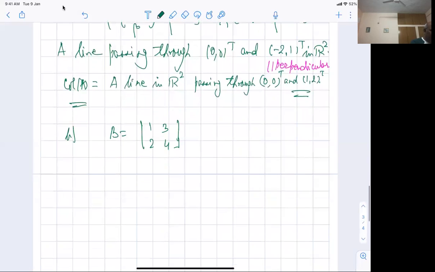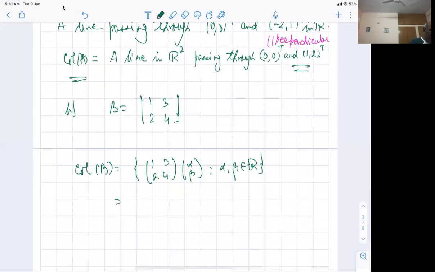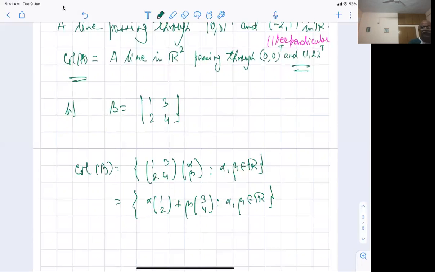I would like you to see that if I want to compute the column space of B here, it is 1, 3, 2, 4 times alpha, beta belonging to R. So this turns out to be alpha times 1, 2 plus beta times 3, 4, alpha, beta belonging to R. Now this matrix is an invertible matrix, and therefore you can see that we'll get the whole of R2.